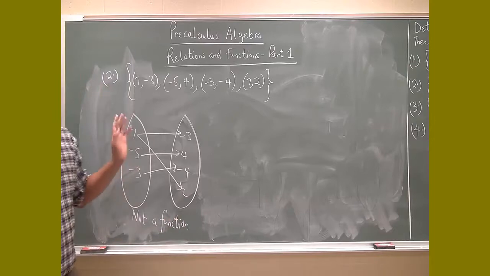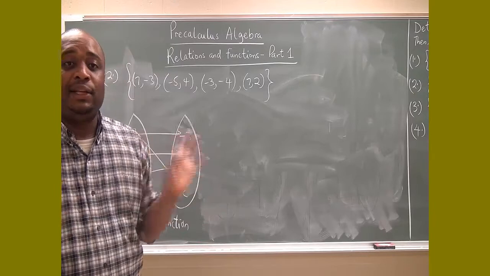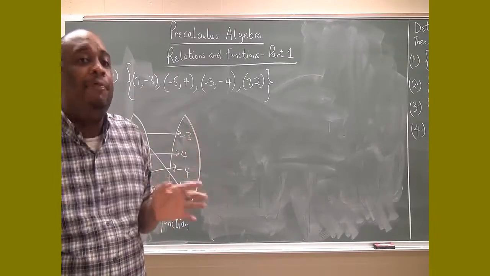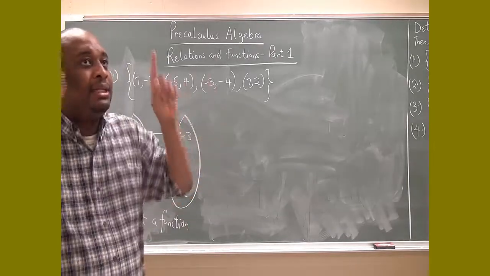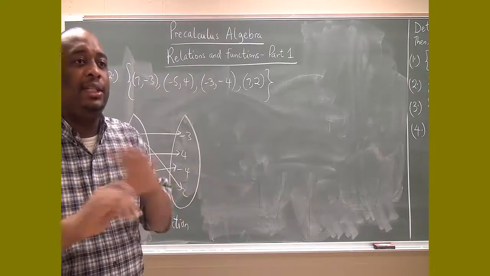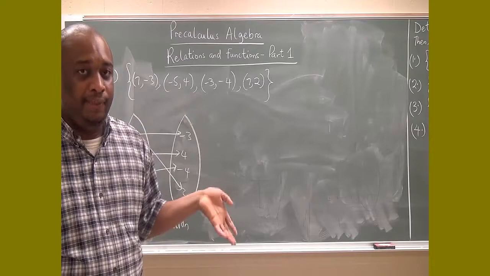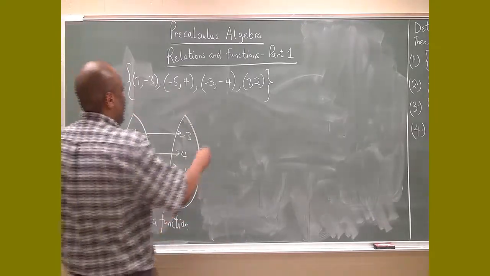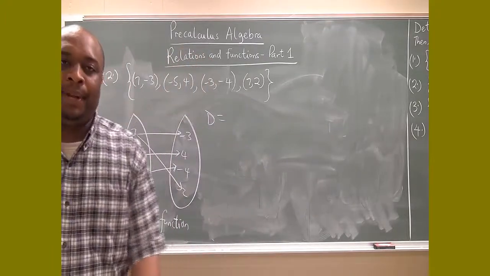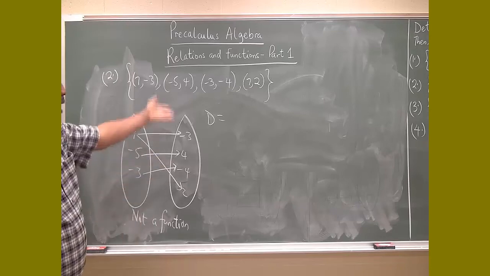Now, does it have domain and range? Yes. Every relation has domain and range. Every function has domain and range. Okay? Because every relation has x and y, because every relation is a set of ordered pairs. So whether it's a relation or a function, yes, they have domain and range. Now, what is the domain here? One good thing about doing this as a mapping is that once you do it as a mapping, you can easily find the domain and the range.